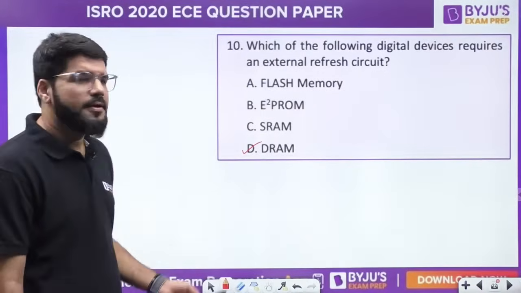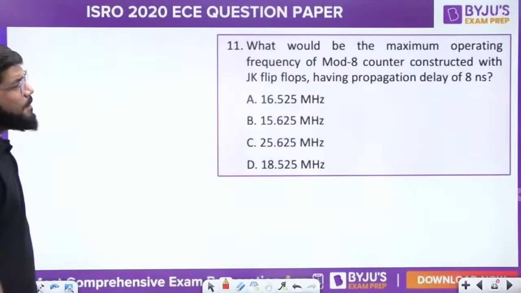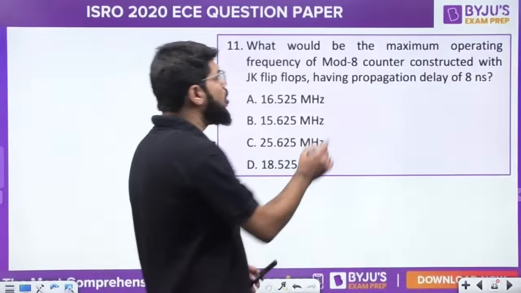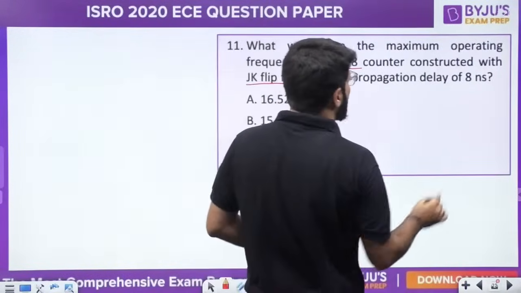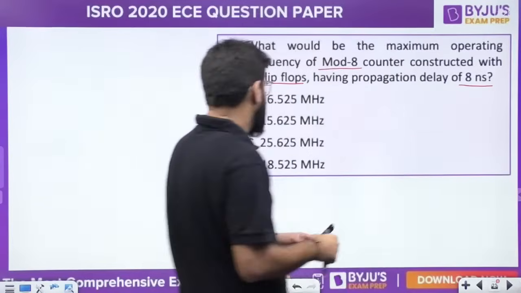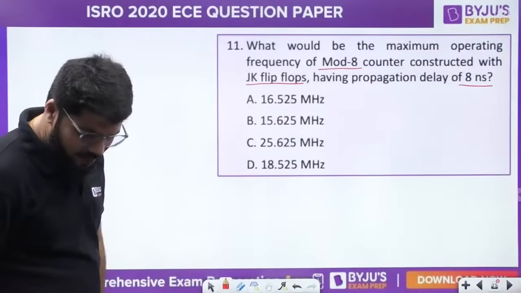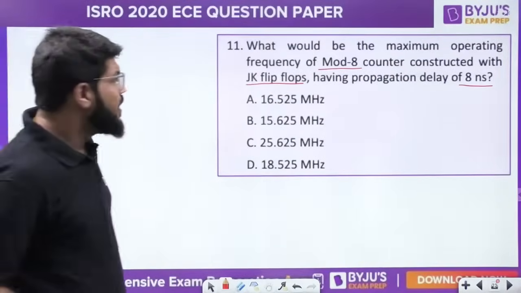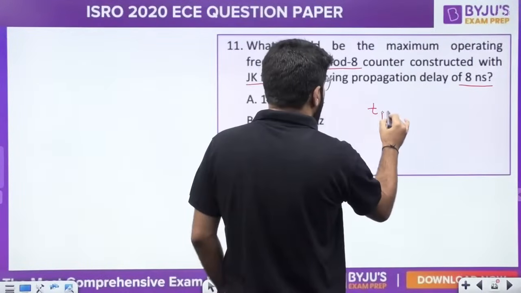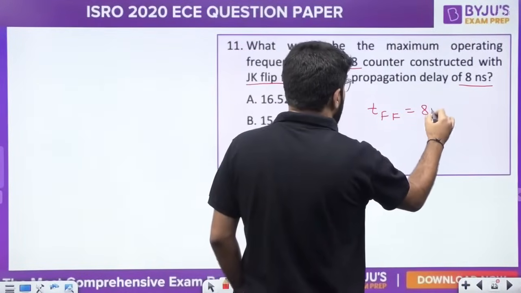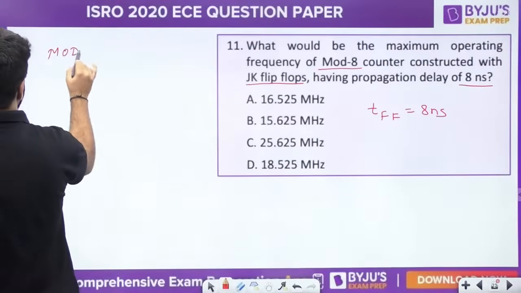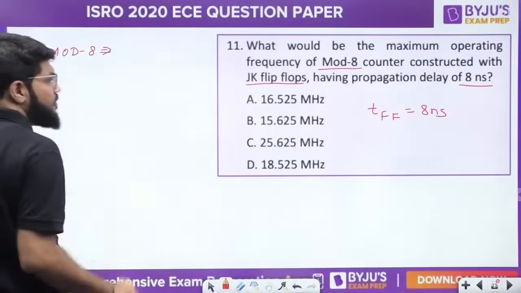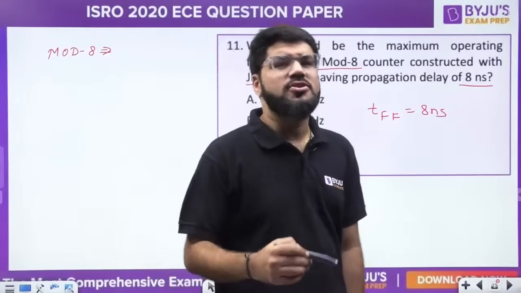Otherwise, you don't. Next, what would be the maximum operating frequency of a mod 8 counter constructed with JK flip-flops having a propagation delay of 8 nanoseconds? The flip-flop propagation delay is 8 nanoseconds and the modulus is 8.